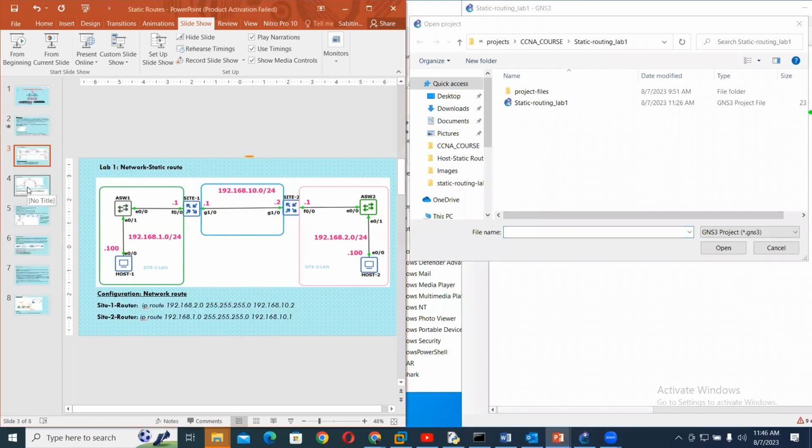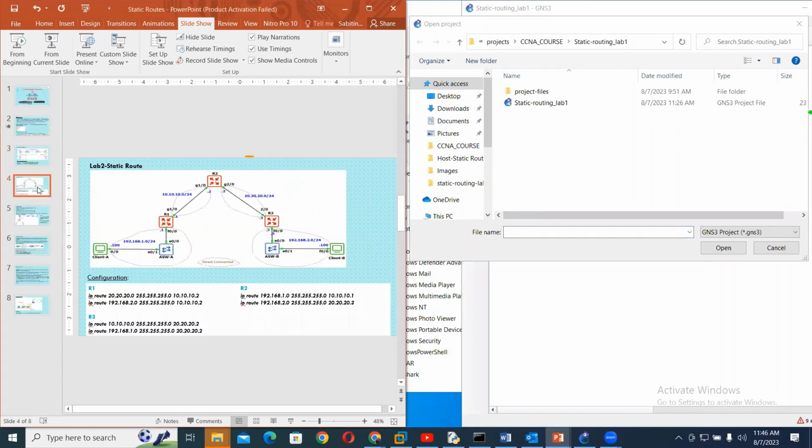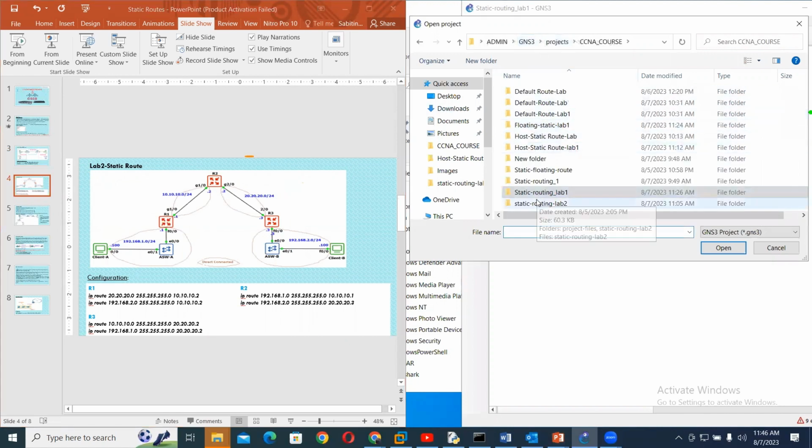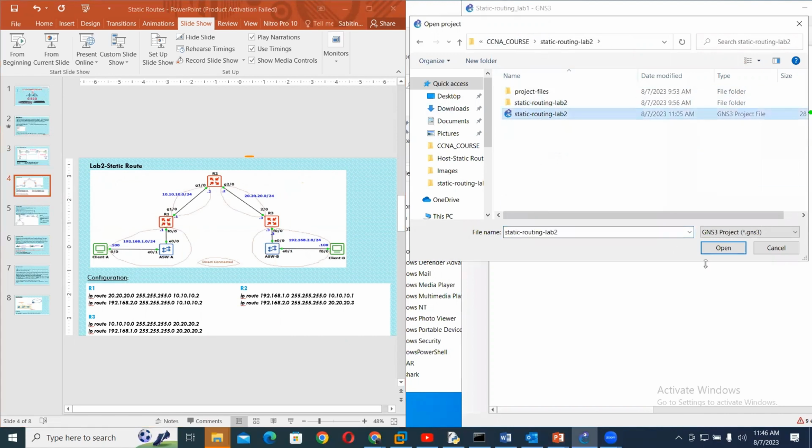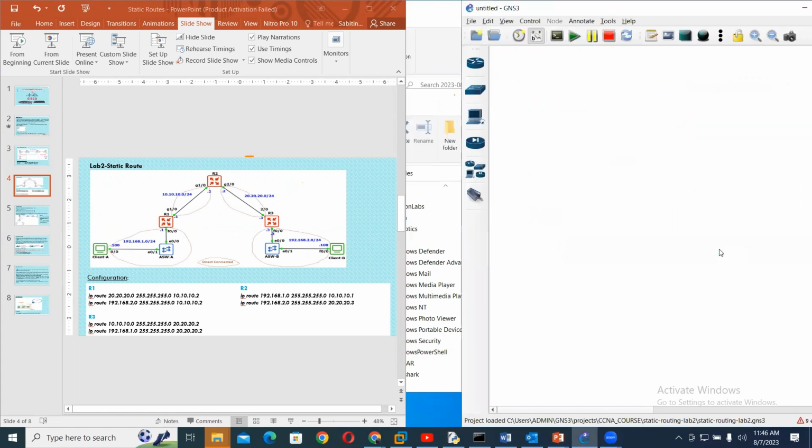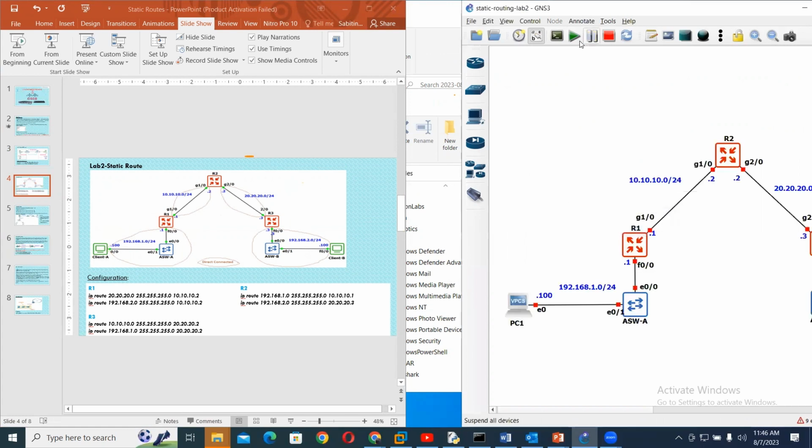This is our next lab, static route lab 2. Okay, this is our lab. Let's start all our devices.